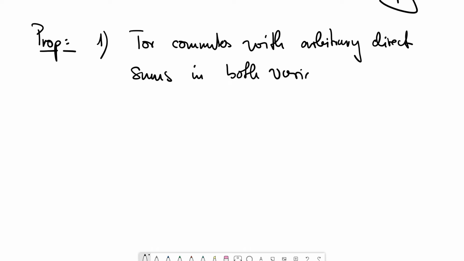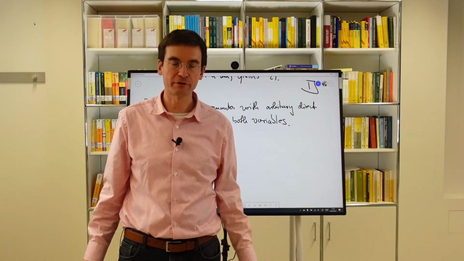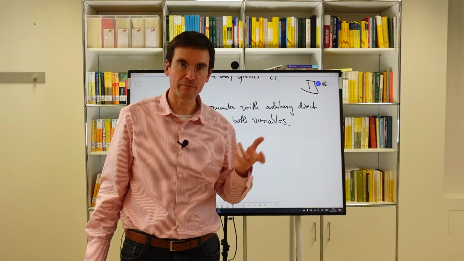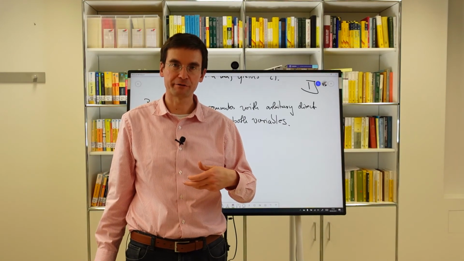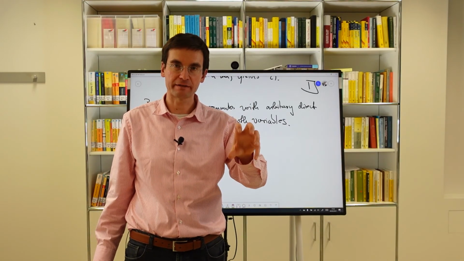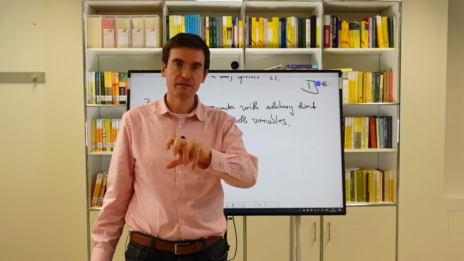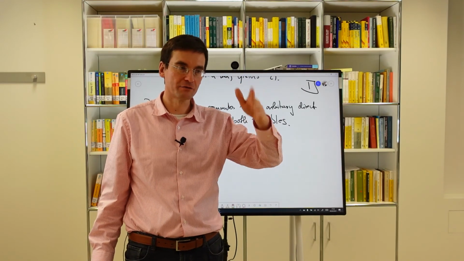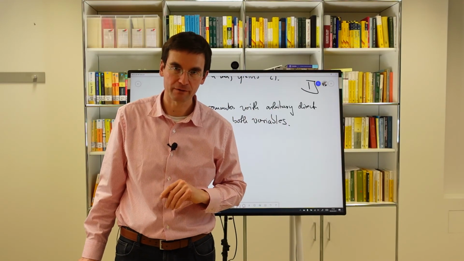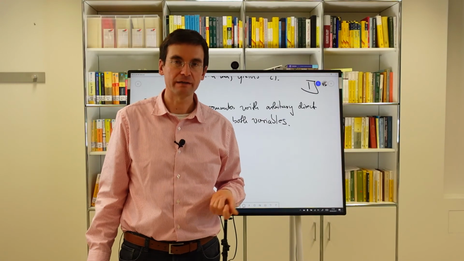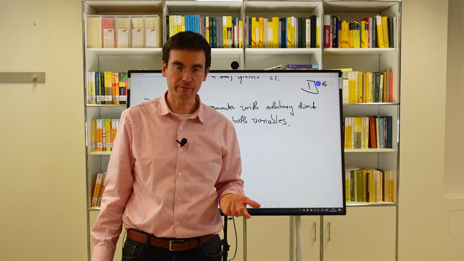And that's something we already have for Tor 0, which is the tensor product. Let me only say what I mean by that and not write it down in a formula. So if you have, say, in the first variable, a direct sum of M_i's, in the second variable, you have a module N, then Tor of this direct sum and N is canonically isomorphic to the direct sum of the Tor terms of M_i and N. And the same for the second variable.